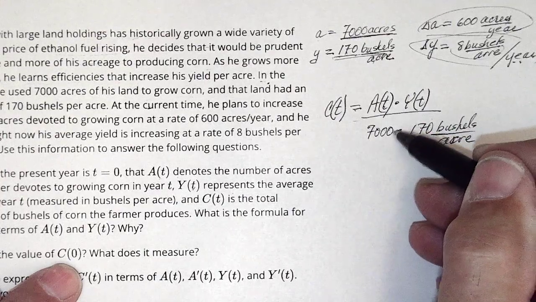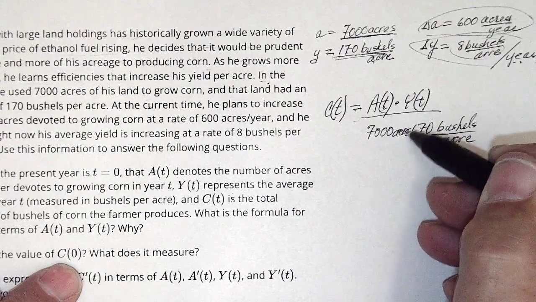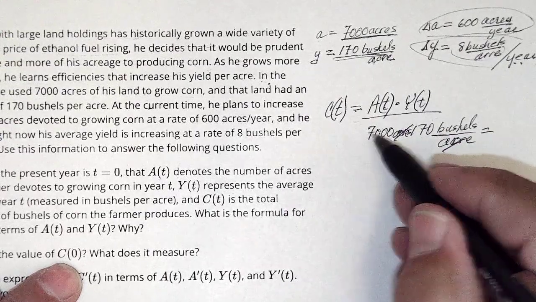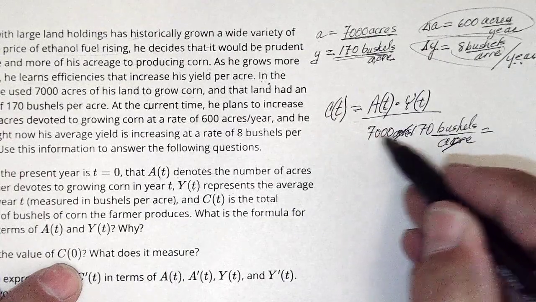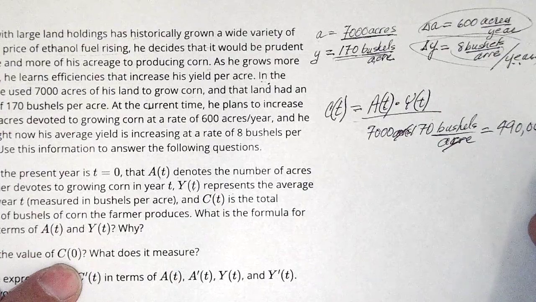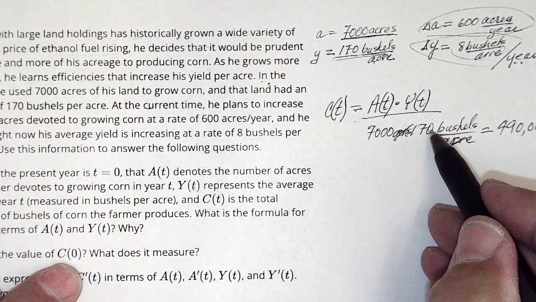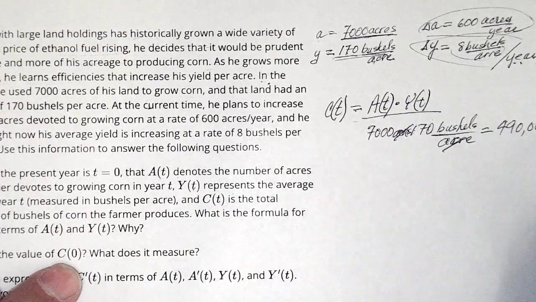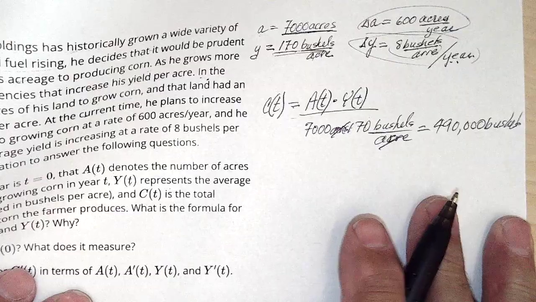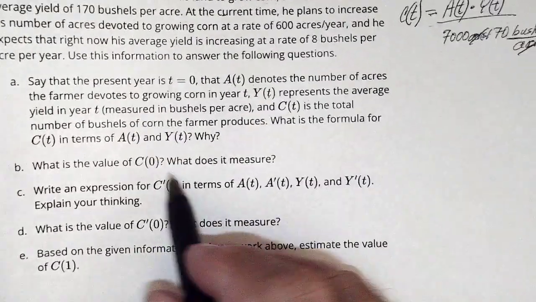The acres cancel, and we get 70 times 7, which would be 490,000, I believe. 1, 2, 3, 4 zeros and 49. Yes, bushels. So that's the value of C of 0.